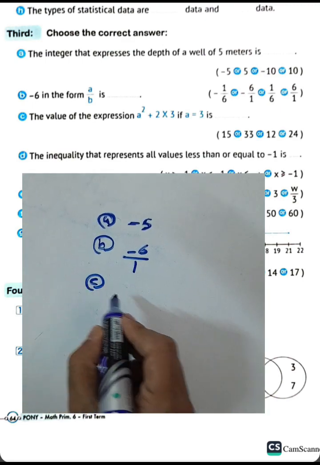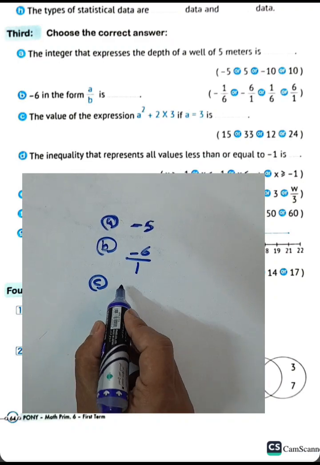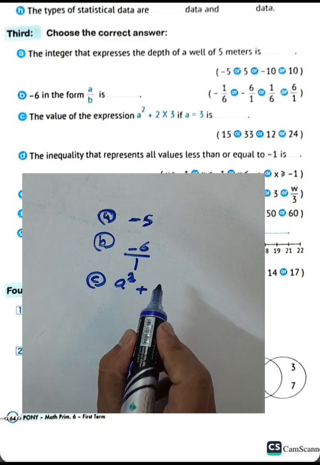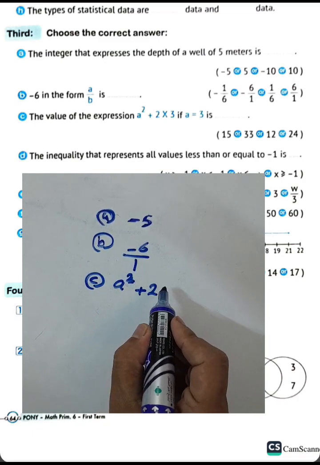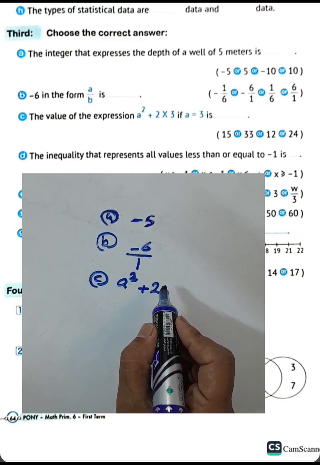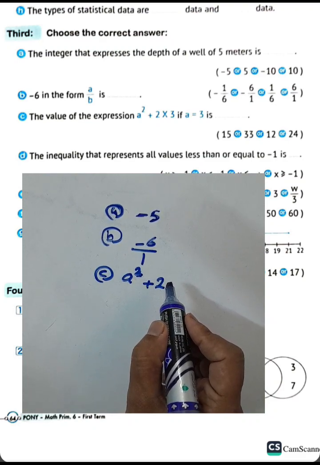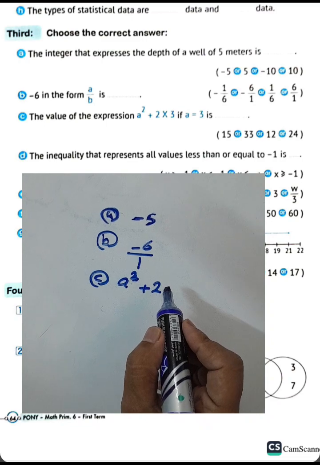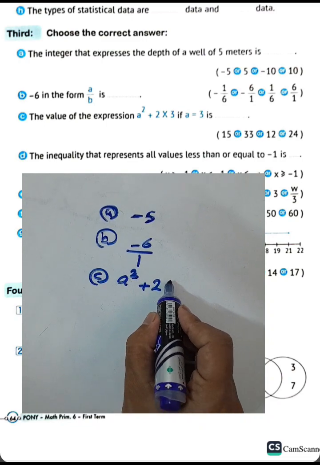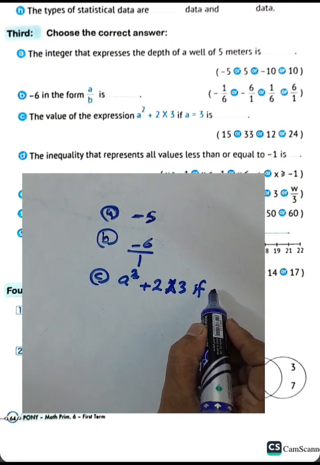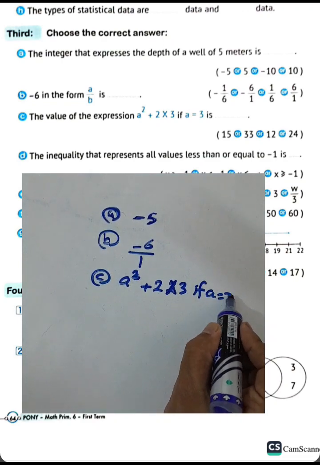Letter C. The value of the expression a power 2 plus 2 times 3, if a equals 3. 3 power 2 equals 9.